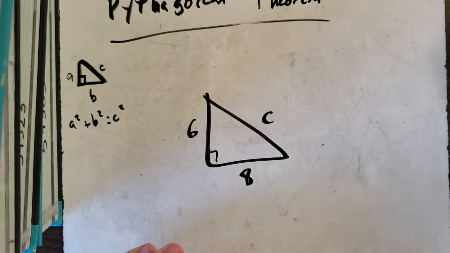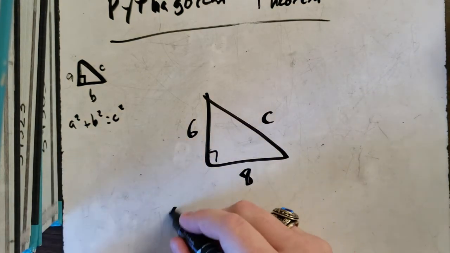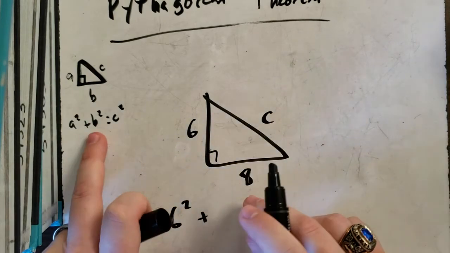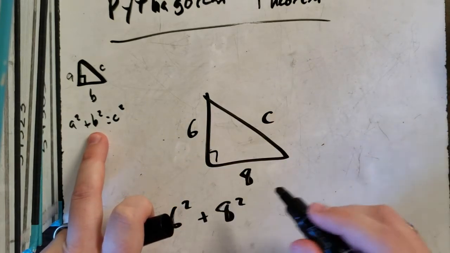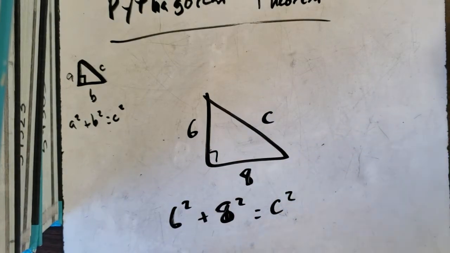Same thing. Plug into our formula. So 6 squared plus B squared, which is 8 squared, equals C squared, okay?